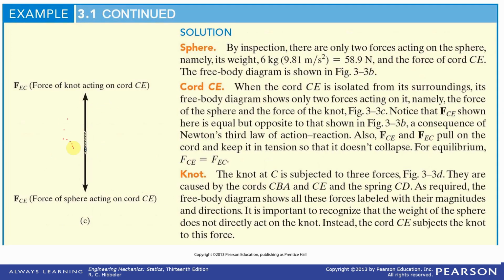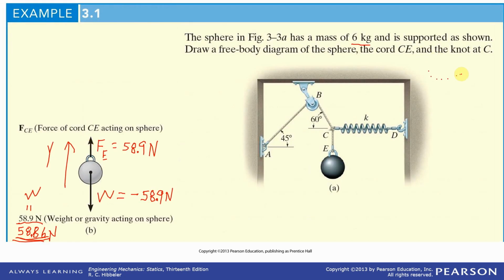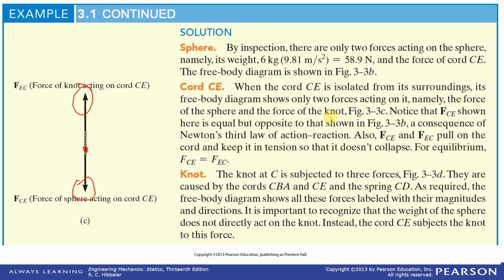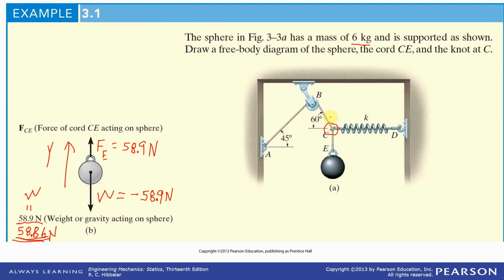So the knot is, so here's the force of the sphere. The sum of the forces acting on the knot, this knot from the previous diagram, let's go back, there it is, this knot right here. The sum of those forces has to sum to 0, but you do have different directions.